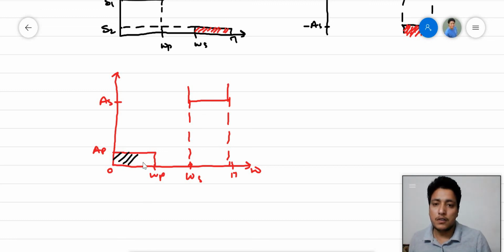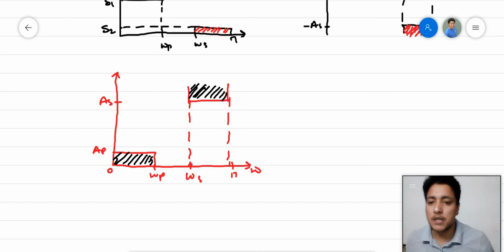So this is the attenuation band in the stop band, and this is the attenuation band in the pass band.